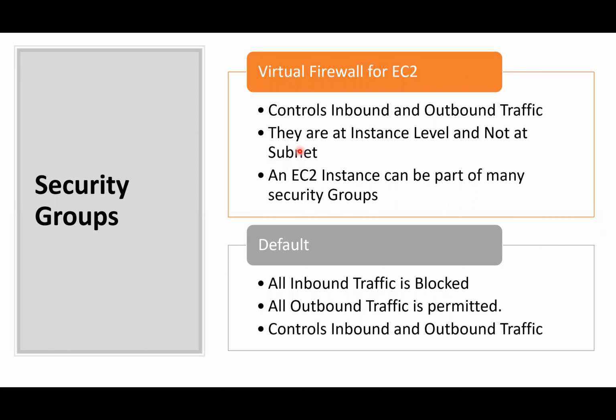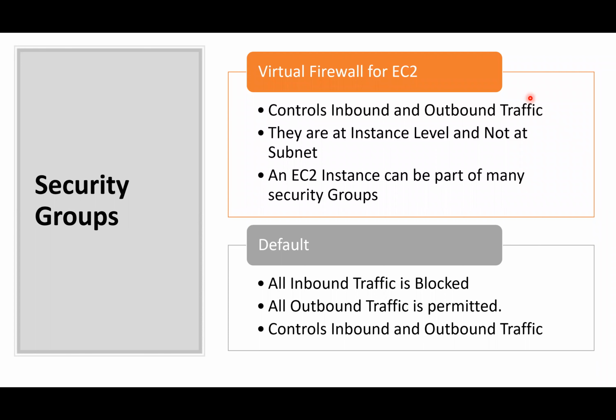Okay, so before we jump into the actual demo, I want to talk about security groups too. Security groups are nothing but a virtual firewall for an EC2 instance. They control the inbound and outbound traffic, which means what is allowed to talk to the EC2 instance inside and outside of your VPC.